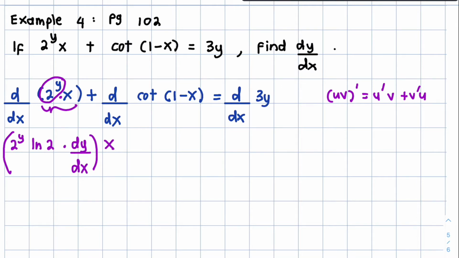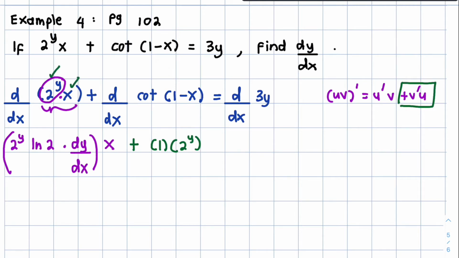Alright, so settle the first thing. Now the second term, v'u, so plus v' over here is just simply differentiate of x, you're gonna get 1, then multiply by your u is simply 2 power y. So settle for the x, settle for the 2^y.